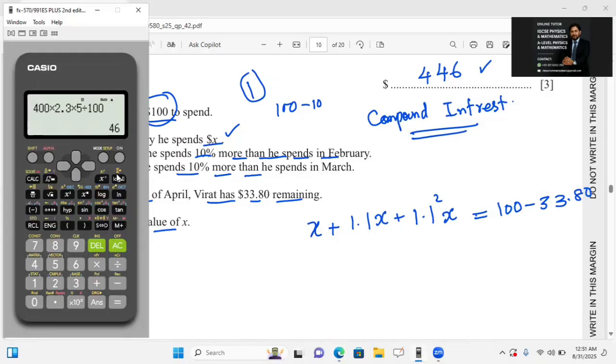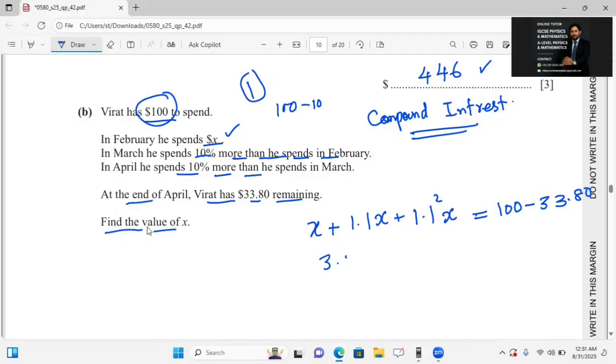That is 1.1 square plus 1.1 plus 1. So it is equal to 3.31.